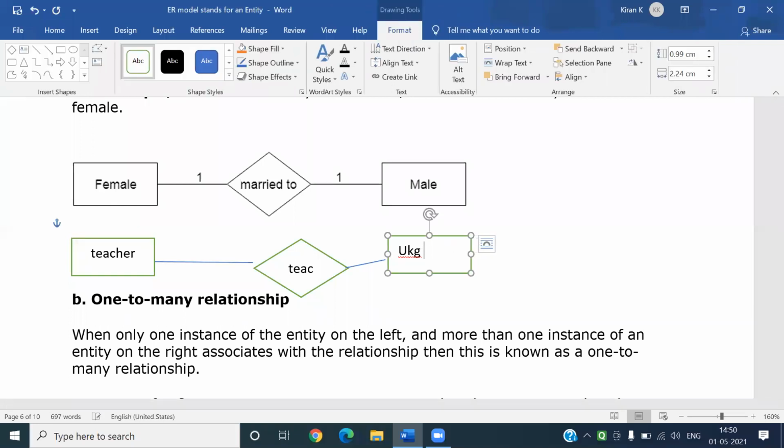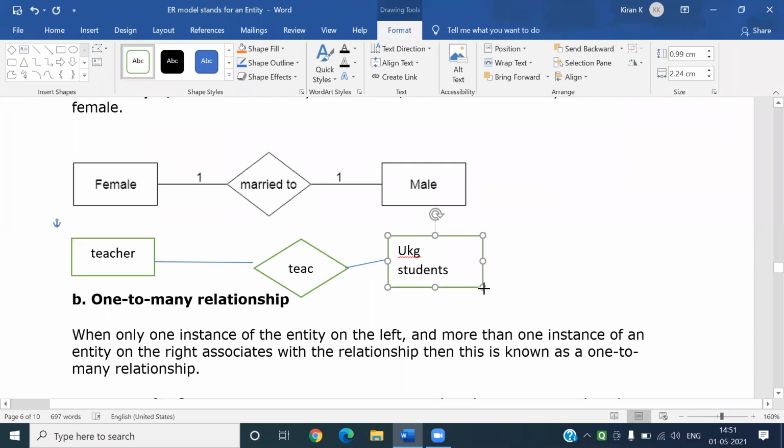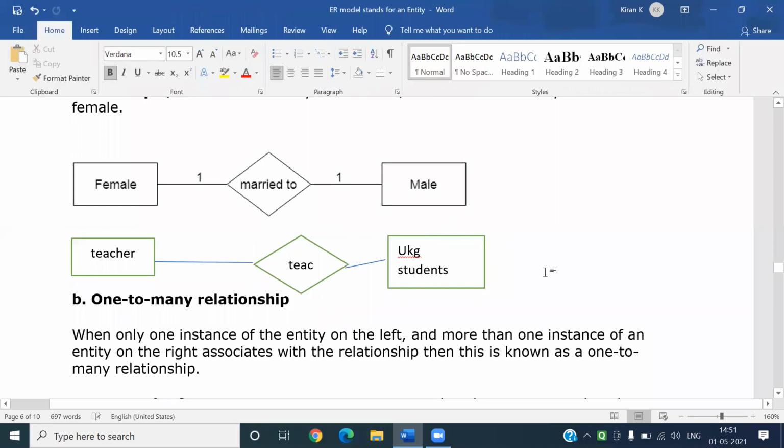These students will have only this teacher, and the teacher teaches these students. This is not the case at the higher education level; it is only possible for UKG students. This is called a one-to-one relationship.